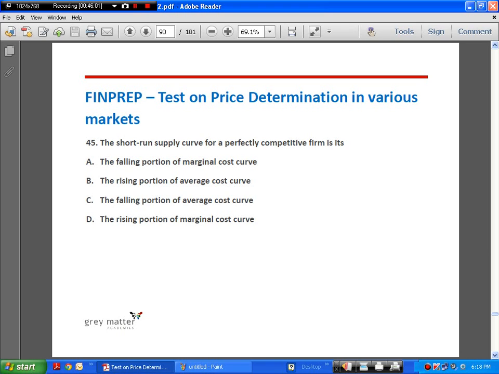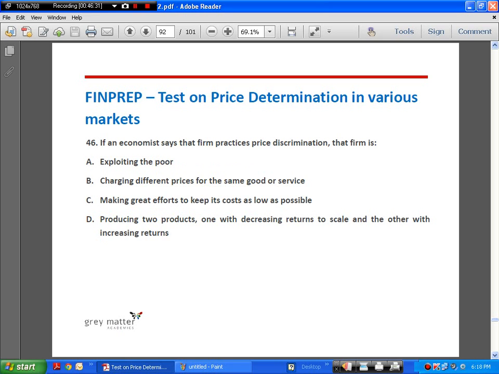Or in other words, the marginal cost curve acts as the supply curve of the competitive firm. The right answer is the rising portion of the marginal cost curve. Now, why the rising portion? The firm will earn profits only when the marginal cost is cutting the marginal revenue from below. Therefore, only the rising portion of the marginal cost curve is considered.